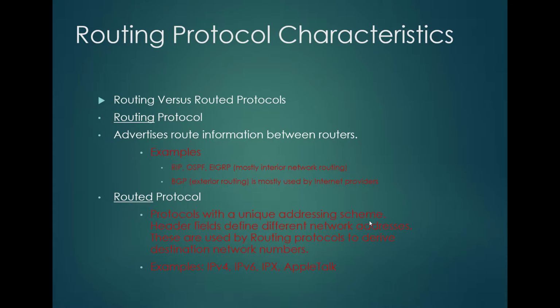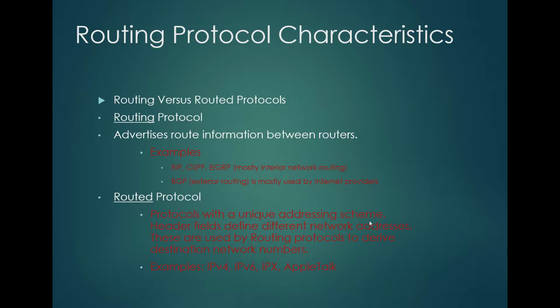Now, here are some examples of routing protocols. Routing protocols like RIP, OSPF, and EIGRP are internal. What that means is, let's say we have 5 different networks. We use those routing protocols to route our traffic.